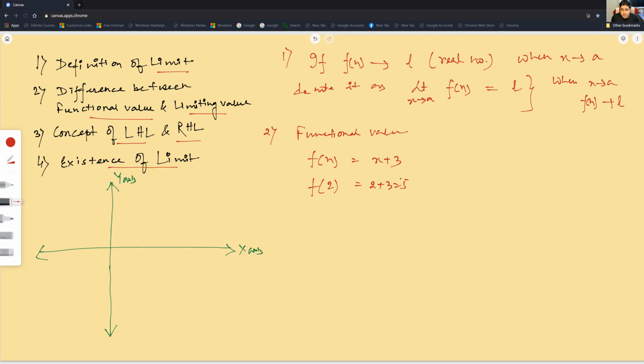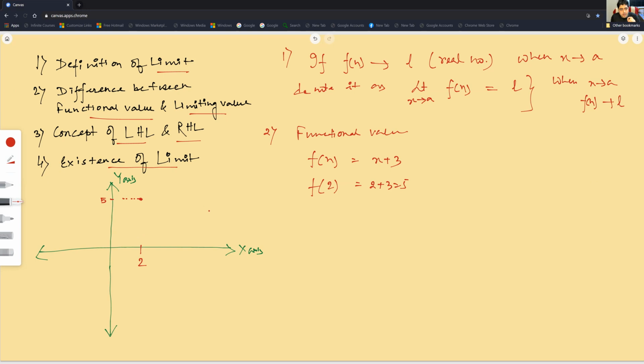It means whenever you stand on the point x equals 2, you will get the y-axis value 5. So let's say this is on the x-axis, the point 2. You will get a particular value here. Better to write this as a dotted line. You will get the value, this is 5. So this is the functional value.